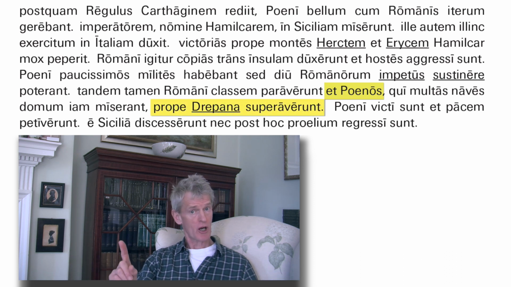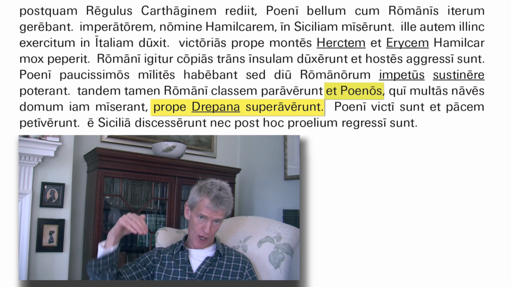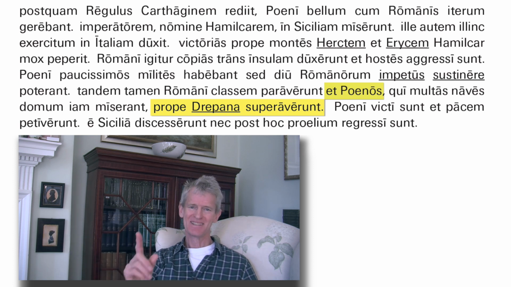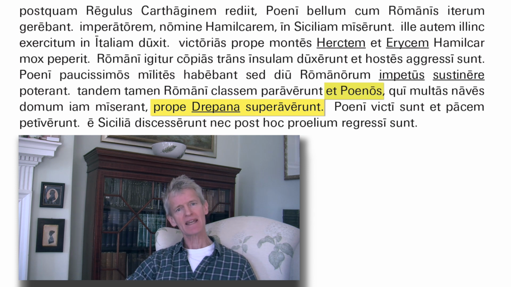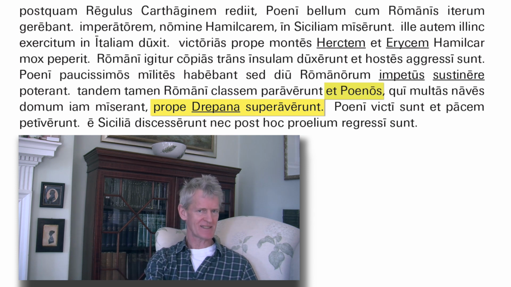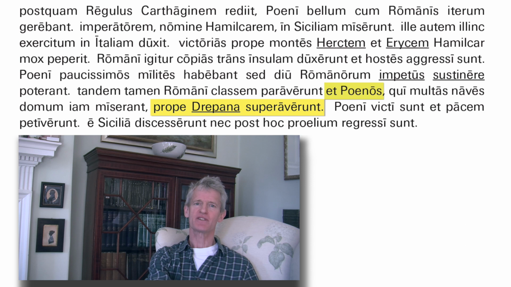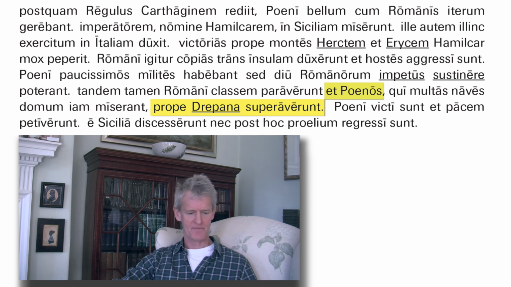So, superaverunt, and they overcame. Now we can have our object, which was poinos, that word we avoided. So, and they overcame the Carthaginians, and now that we've done the Carthaginians, we can do the relative clause.